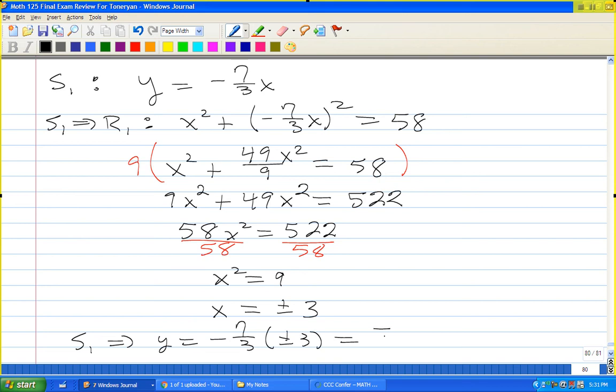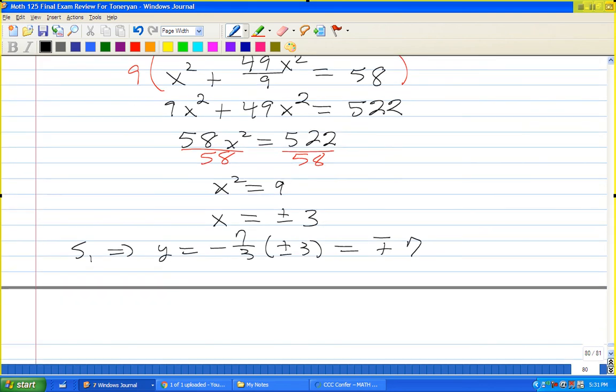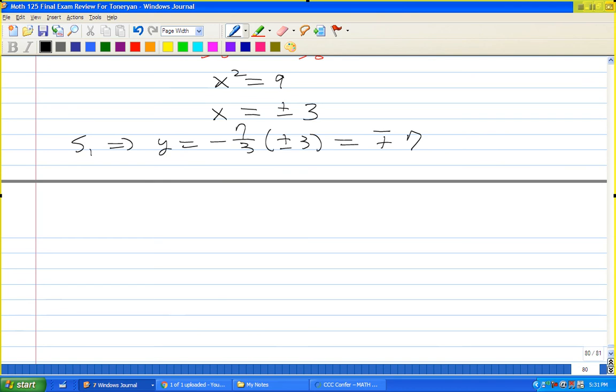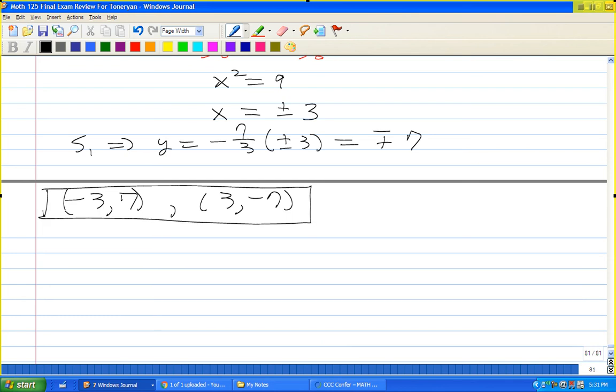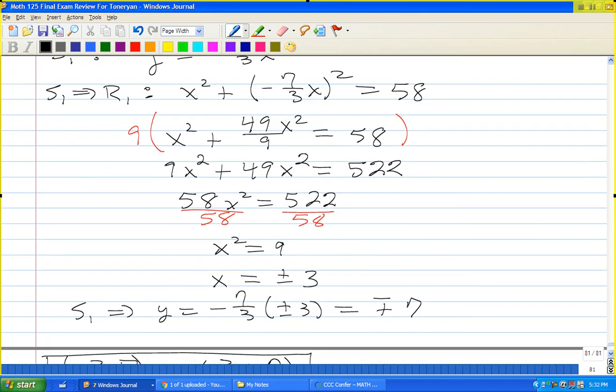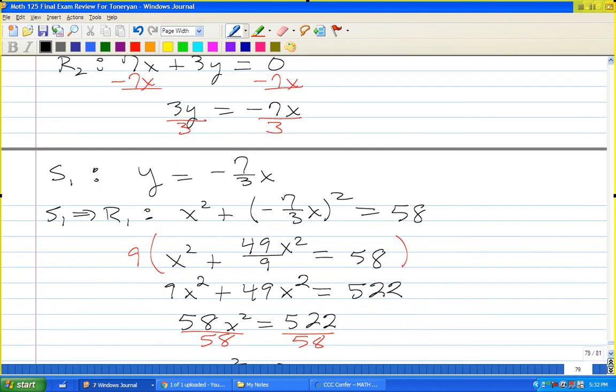And so I get minus or plus 7. So my solution is when x is negative 3, y is positive 7. And when x is positive 3, y is negative 7. Okay. Notice that x and y are going to have opposite signs because of this negative here.